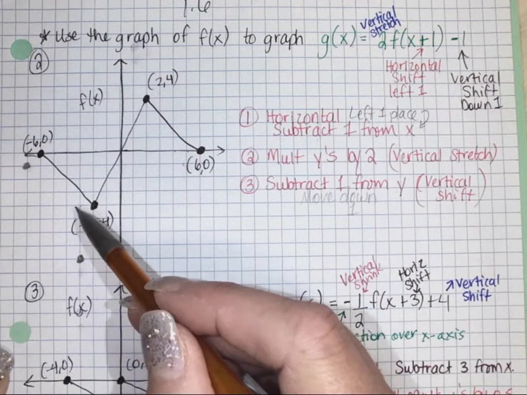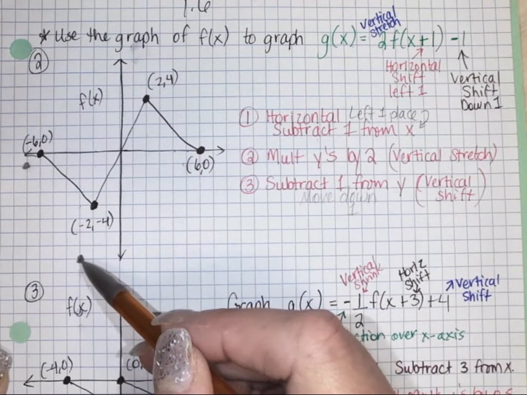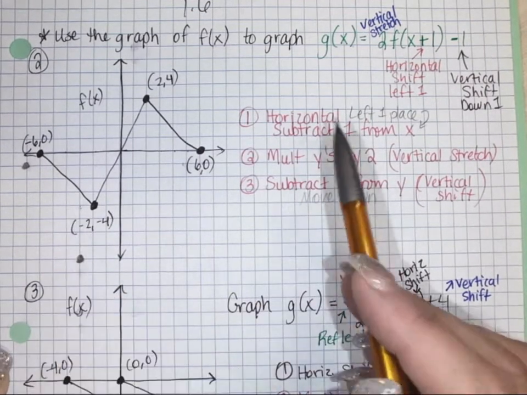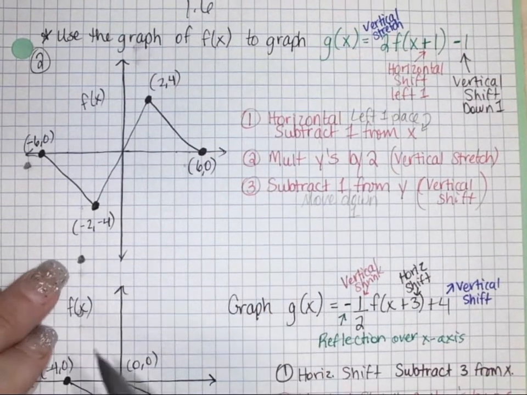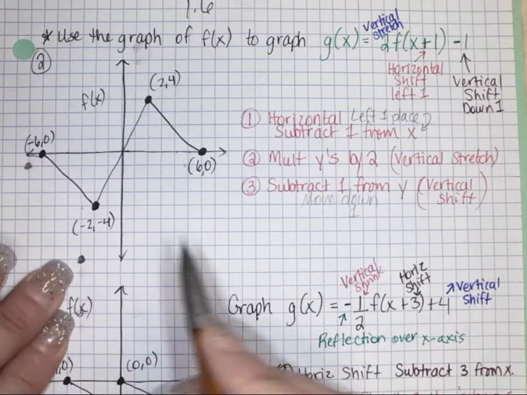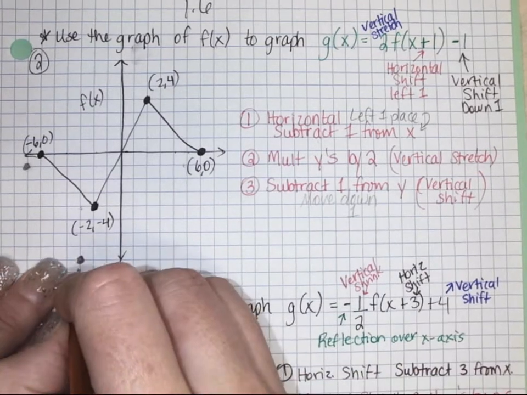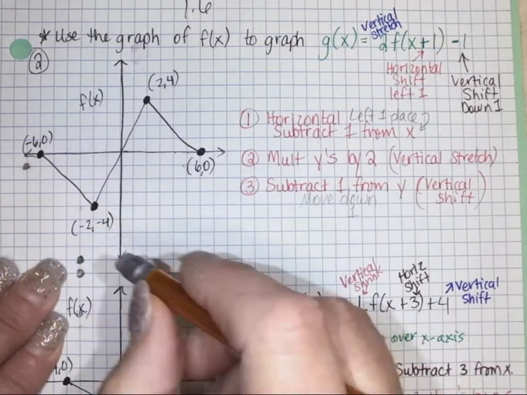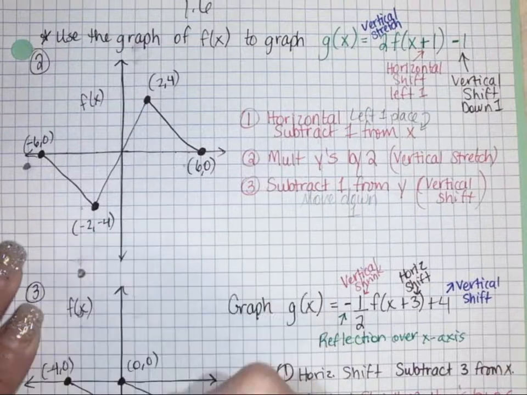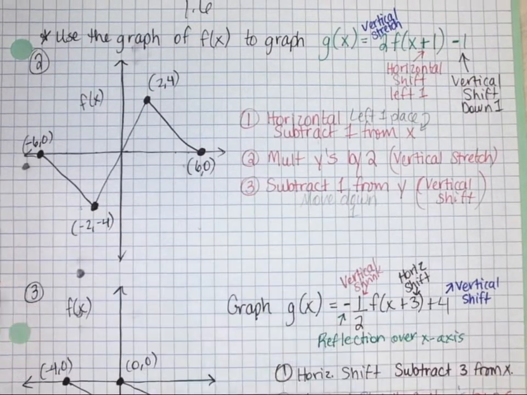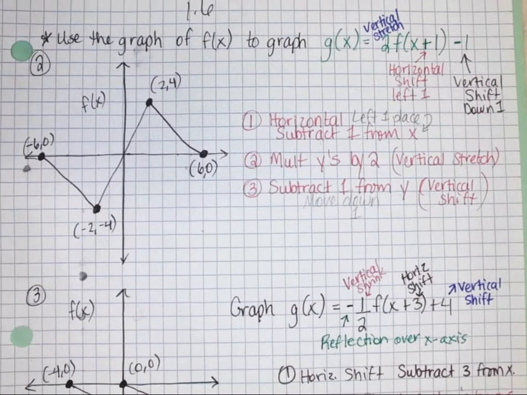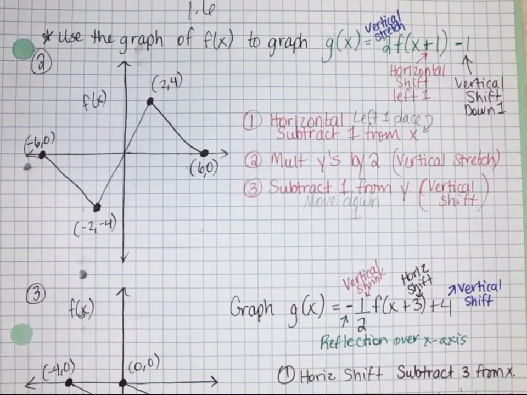So already at -4, -5, -6, -7, -8. And I moved it left 1. So I have performed steps 1 and 2. On step 3, it says subtract 1. So move it down 1 point further. And you can use a pencil just like I'm doing to make sure that you can stay in your spot. And then at the end, we'll go back and fill it in.